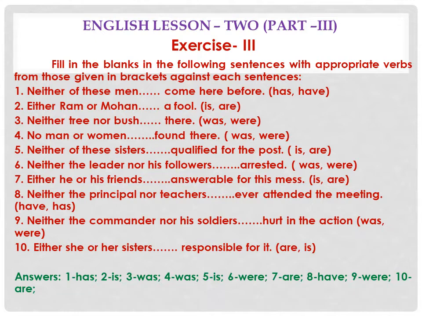The answers are given below for your ready reference. So as per your study and knowledge, please choose a correct verb and apply it to each and every sentence, and try to match your answer with the following answers. Okay, thank you. We'll move to our next slide, that is slide number 5.